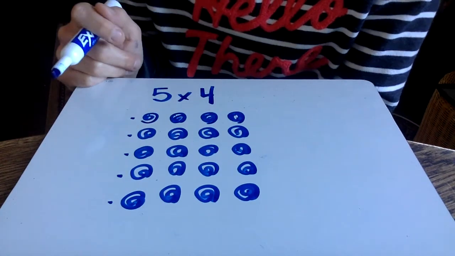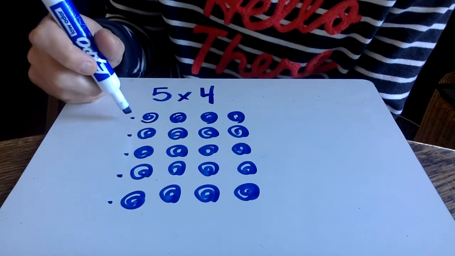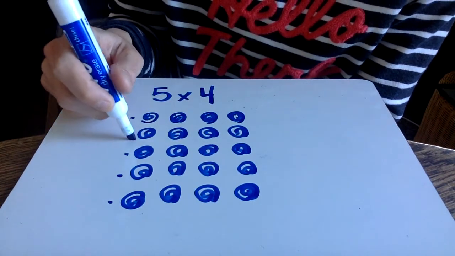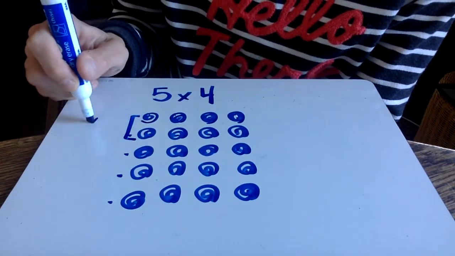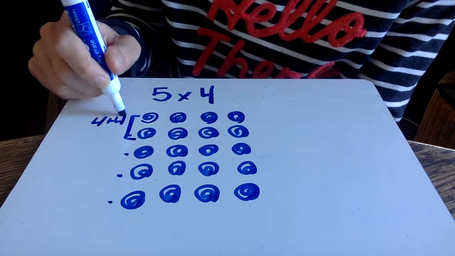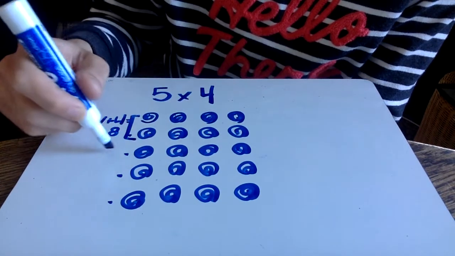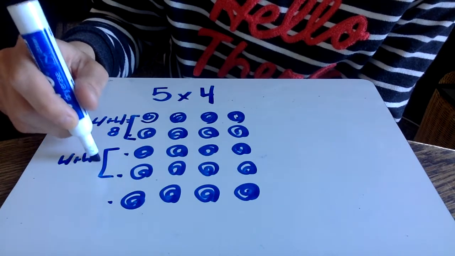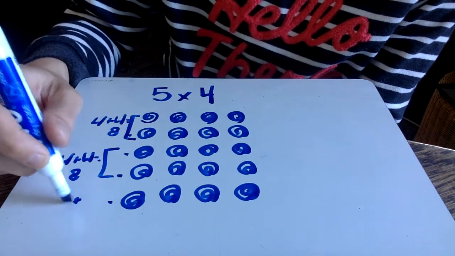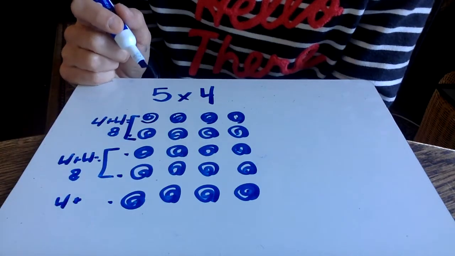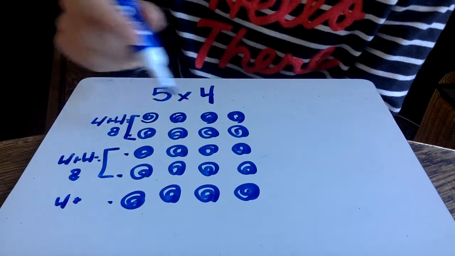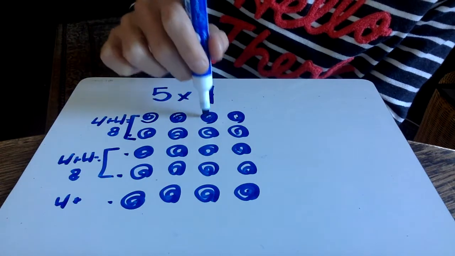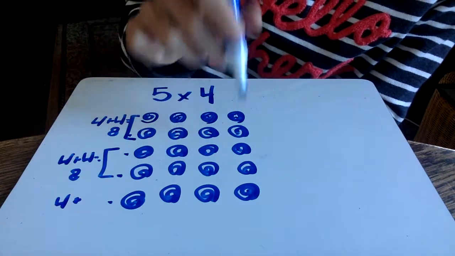So how would you solve this problem? Would you count by 4s? Would you say 4 plus 4 equals 8, and 8 plus 4 more? Would you count 1, 2, 3, 4, 5, 6, 7, 8?